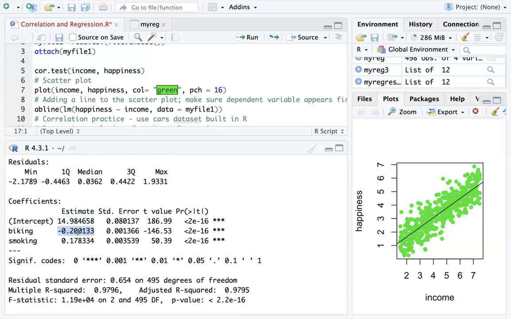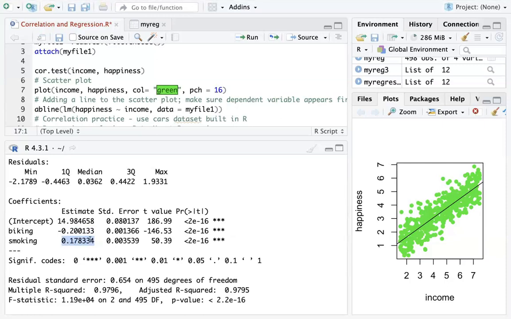It shows that when you move 1 unit on the x-axis, the corresponding change on the y-axis is negative 0.200133.